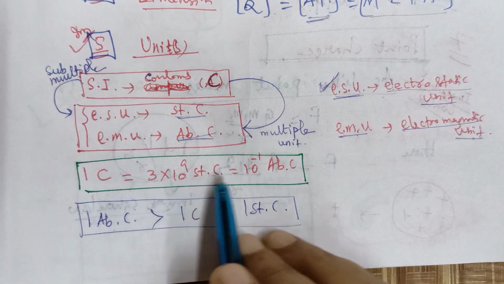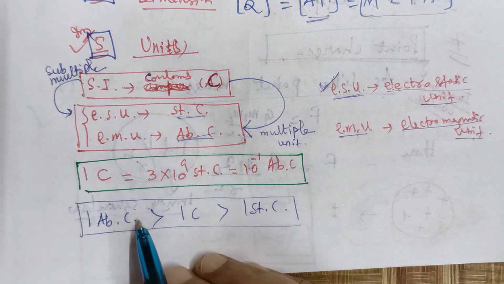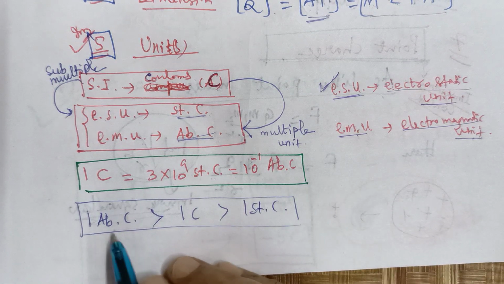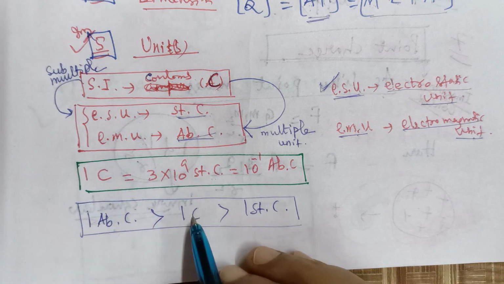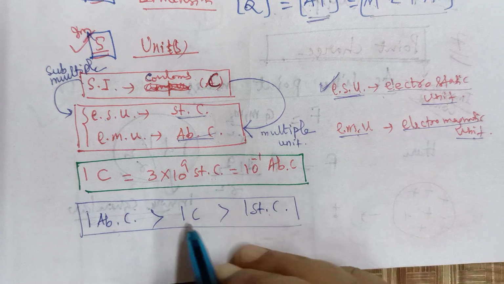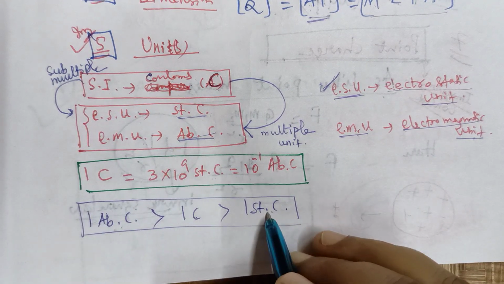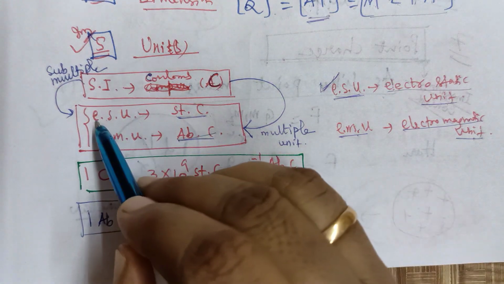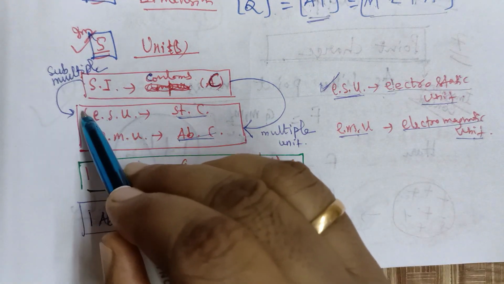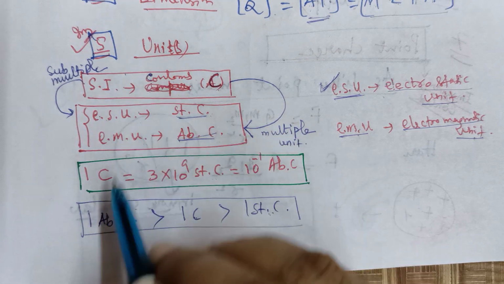If you arrange them in ascending or descending order, it is written as ab coulomb is greater than 1 coulomb, then 1 stat coulomb. That means ab coulomb is greater than coulomb and stat coulomb is less than coulomb. That's why it is written that ESU is the submultiple of coulomb. That means the ESU unit is less than coulomb.